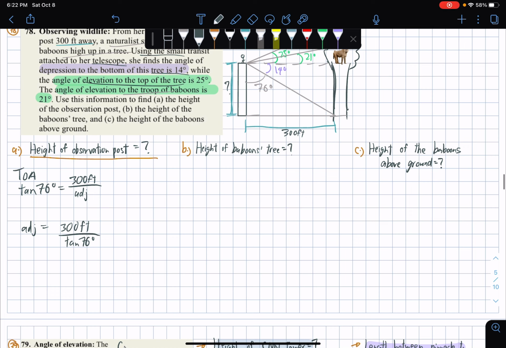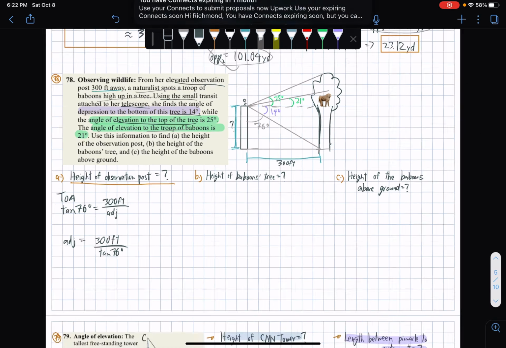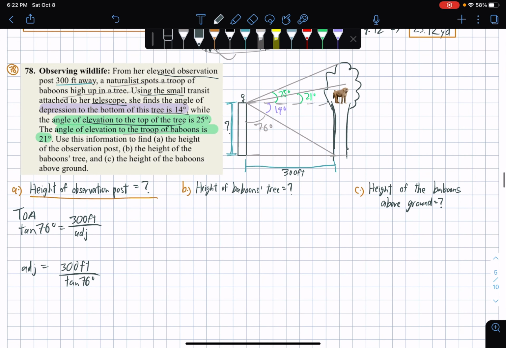I hope you have your scientific calculators with you. I'm already expecting you to have already set it in degrees, since in these problems, you have to set your calculator in degrees.